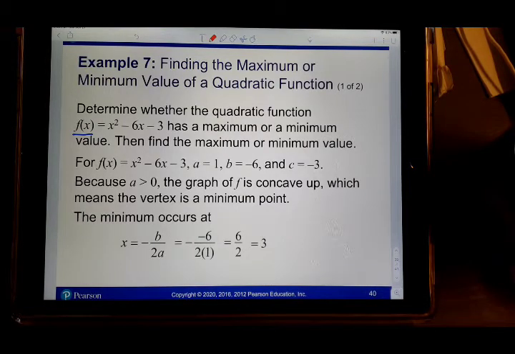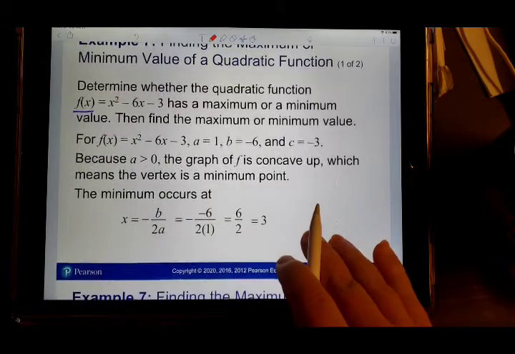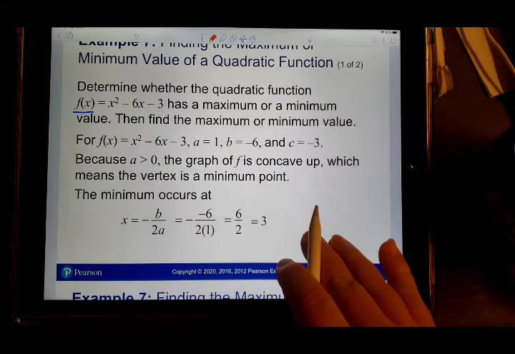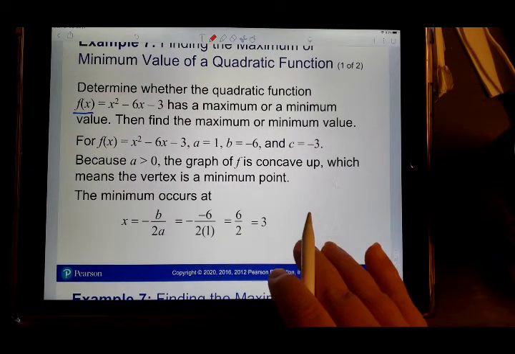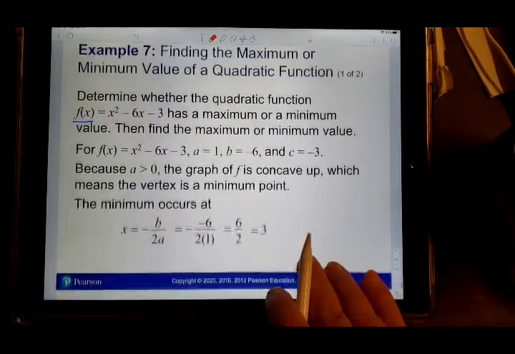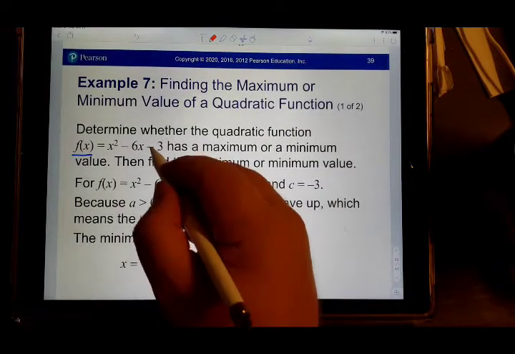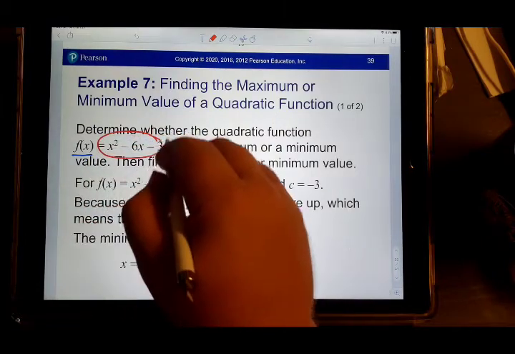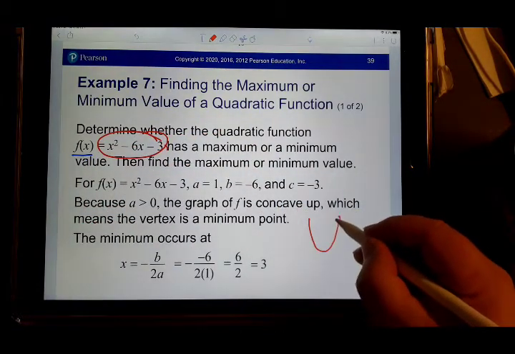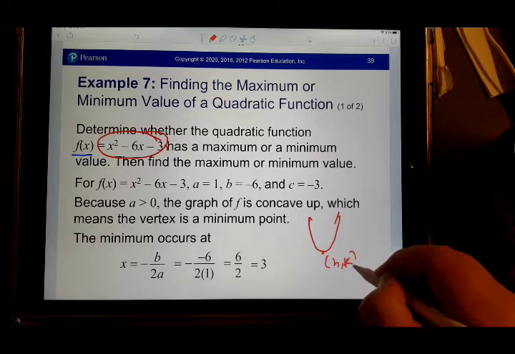Finding the maximum or minimum value of a parabola, of a graph, that occurs at the vertex. So, be careful how the questions are worded. I don't think I have many of these, if any, because it's kind of a pre-calculus concept, but let's look at this. So we have this parabola. It's got this vertex h, k.